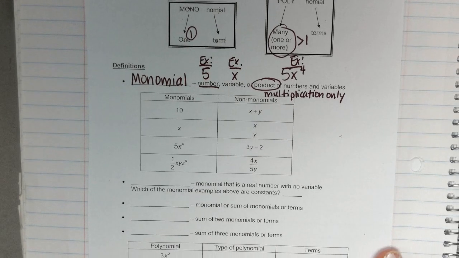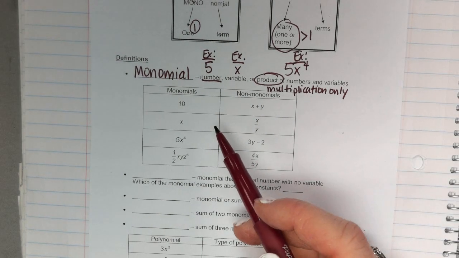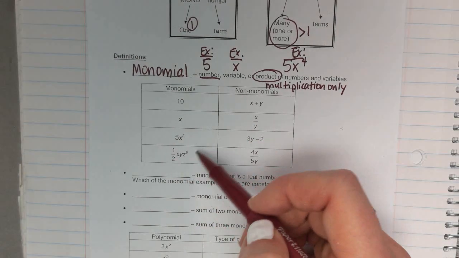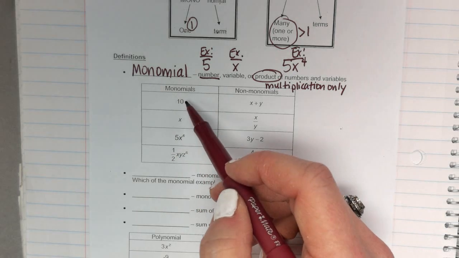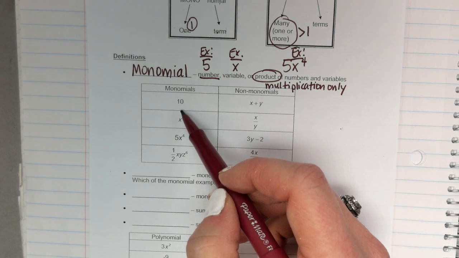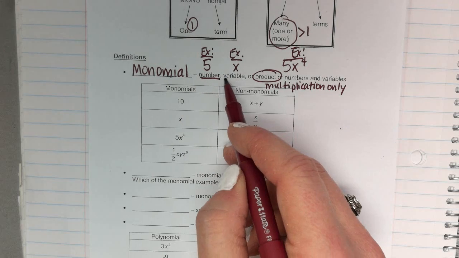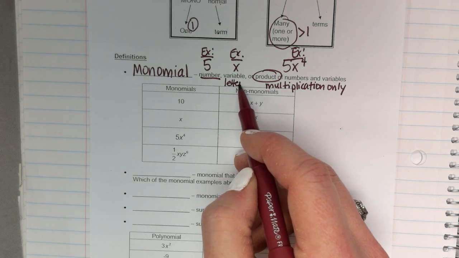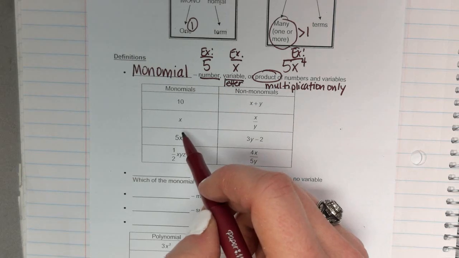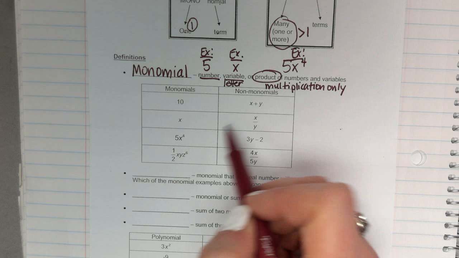Okay? So here in our list, we have a chart. Everything in this column is called a monomial. It's only one term. See, everything here is just a number, a variable, which is a letter, or a product of numbers and variables.